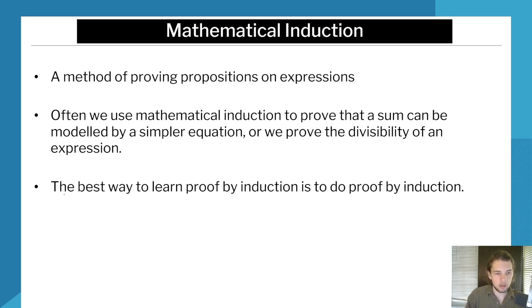So what do you actually do in mathematical induction? First, you usually do a basis step. What you're doing in the basis step is proving that the statement you're trying to prove is true for the minimum value.